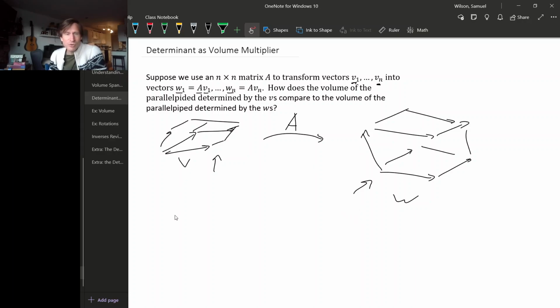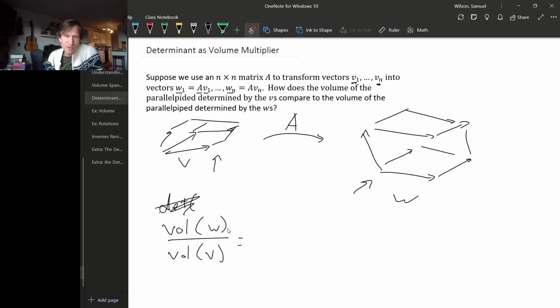Maybe what we could do is find the ratio of the volumes. So let's find the volume of the parallelepiped determined by the W's divided by the volume of the parallelepiped determined by the V's. I should have absolute values around these, because these might be positive or negative depending on the orientation of the V's or the W's, but anyway.